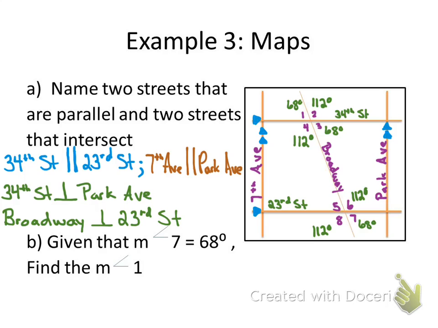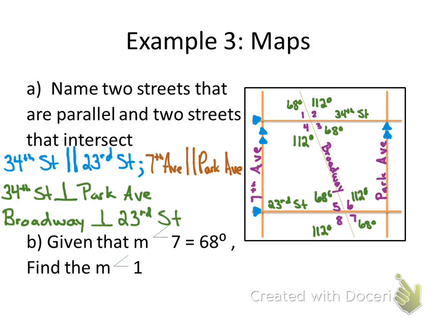And what would angle 5 be? 68, because it's vertical to what angle? 7. Or it's adjacent to angle 4, or angle 6, because it shares a common side, or it's adjacent to angle 8 too, because it shares a common side with that one too. So you see how it all kind of comes together?